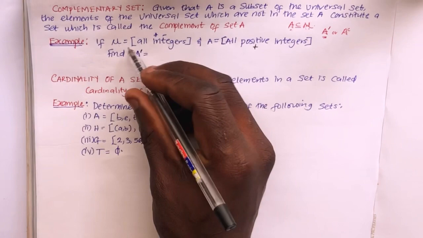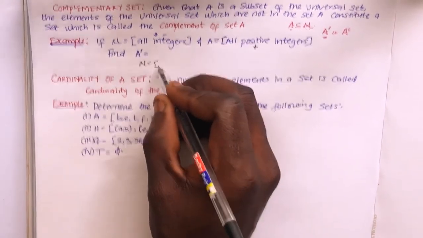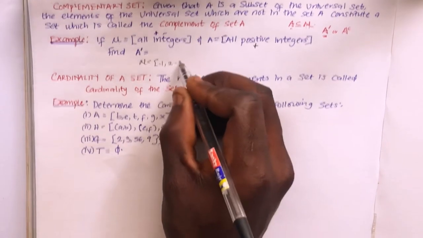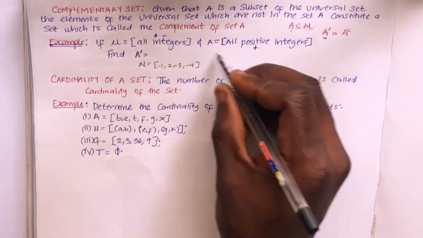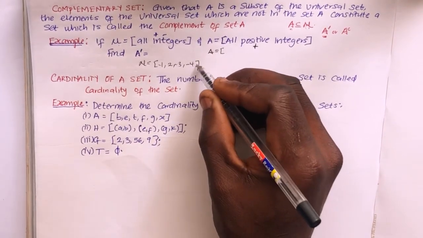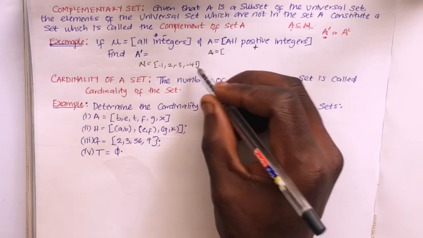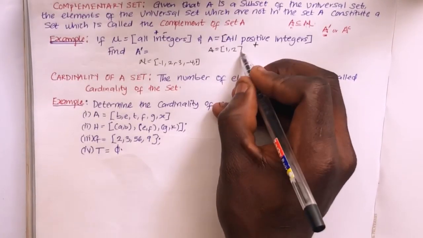Let's say our universal set in this case is ...-4, -3, -2, -1, 1, 2, and so on. And my A constitutes 1 and 2, which are the positive integers.